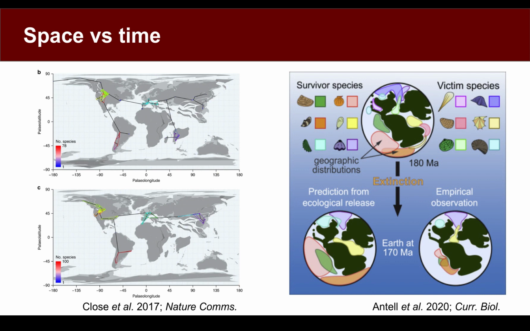And then on the right here are even more sophisticated techniques where we can use things we might know about the ecology of our species to predict where we should find them versus where we do find them. We can then compare predictions under different models with what we actually observe empirically.